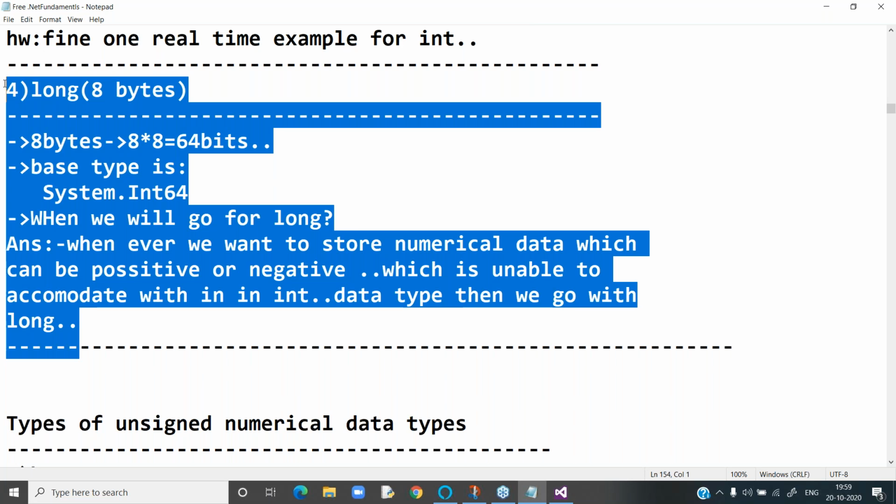Hello. Right, clear, clear, come on, tell me one real time example for this.